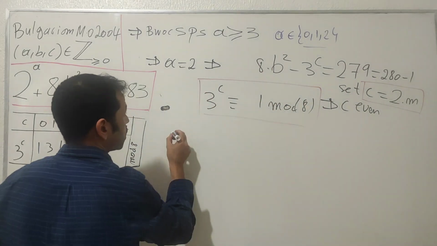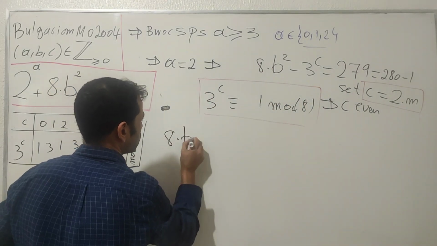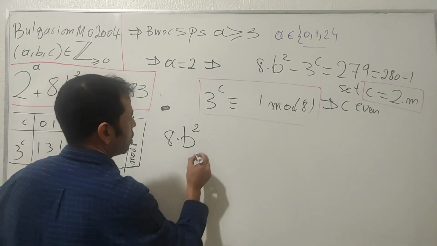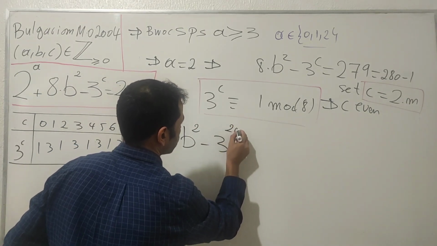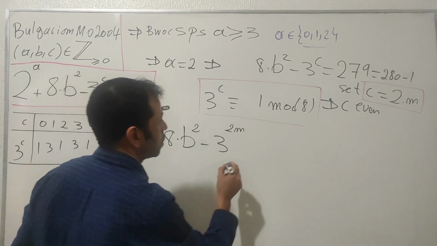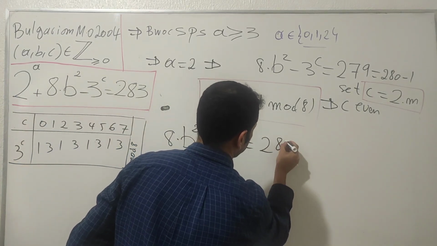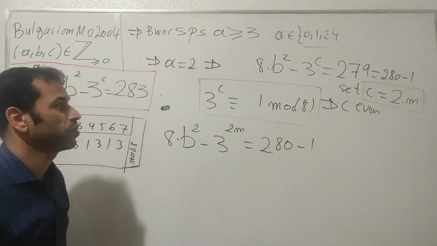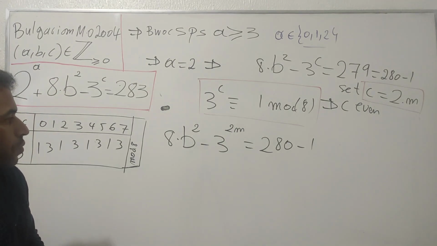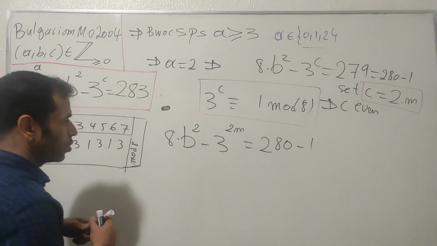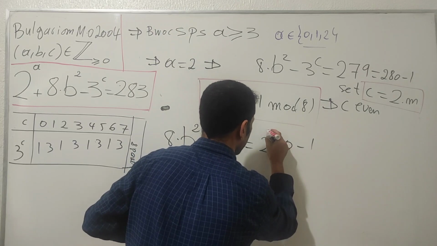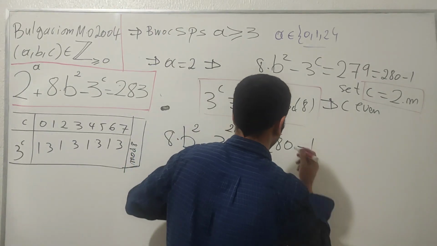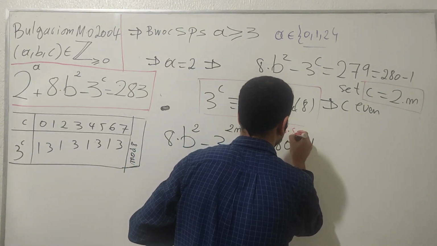So I get 8 multiplied by b squared minus 3 to the 2m, because I have replaced c with 2m, which equals 280 minus 1, because 279 equals 280 minus 1. Notice here, this 280 equals 35 multiplied by 8.